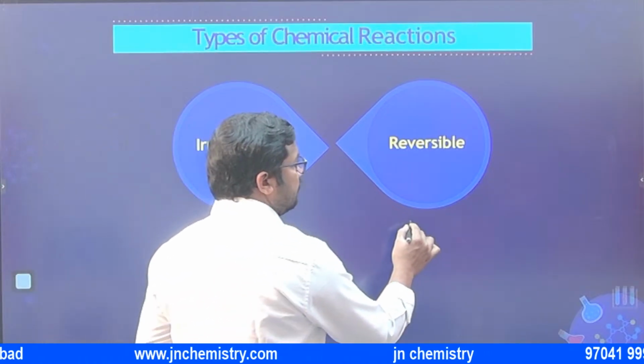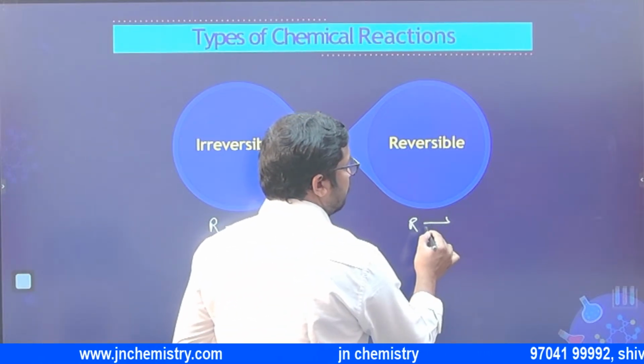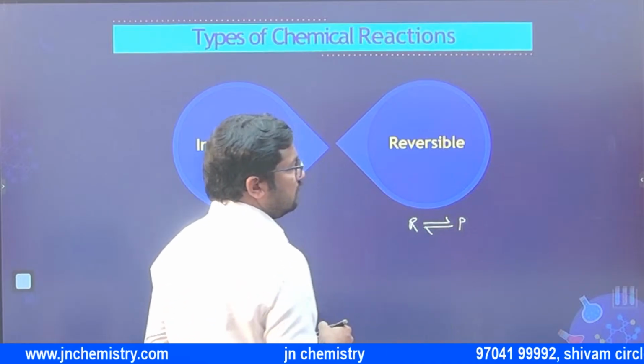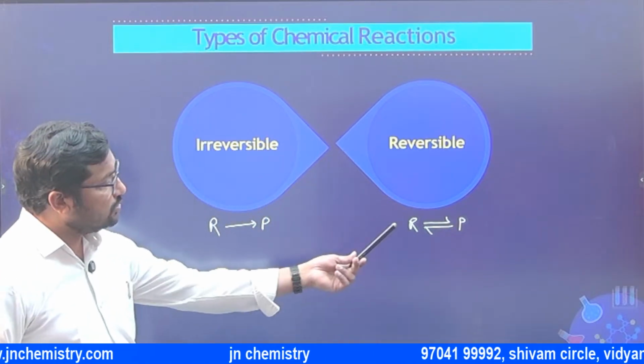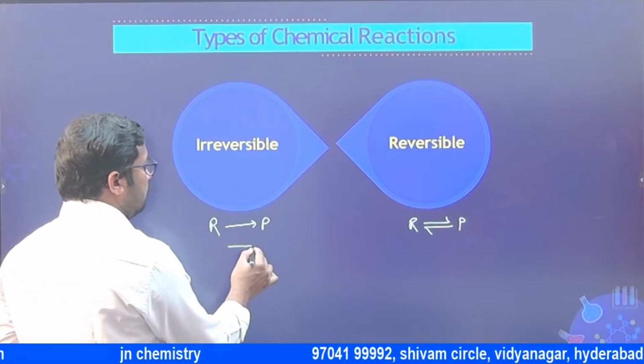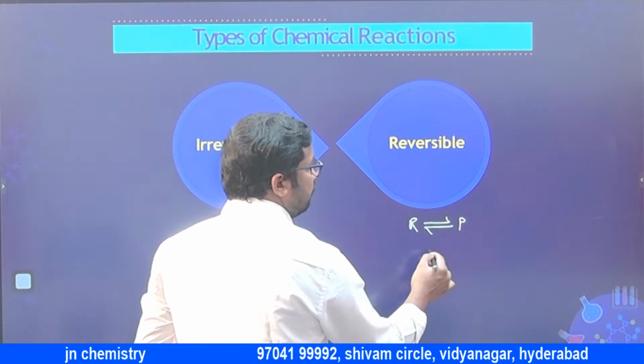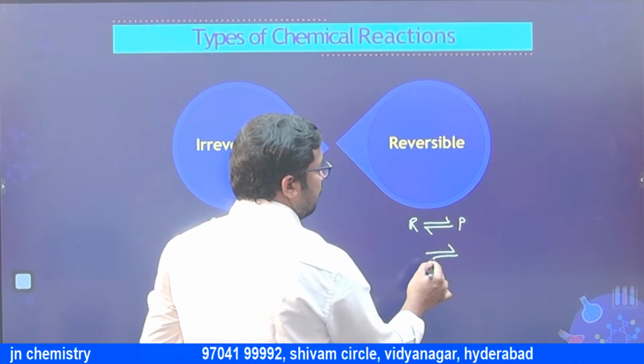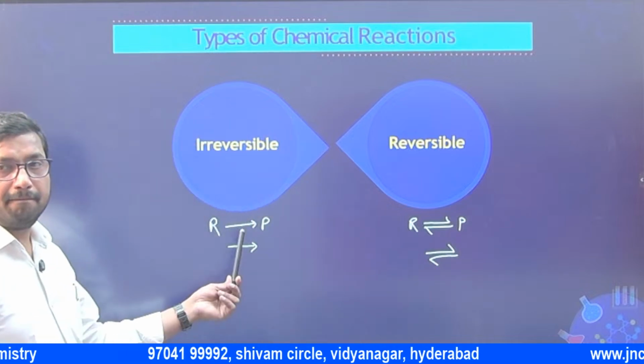In reversible reactions, reactants convert into products and products can also convert back into reactants. So we show this with a double arrow, of course.